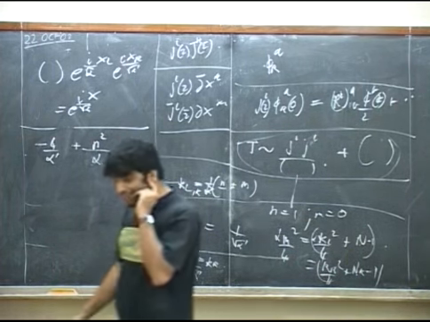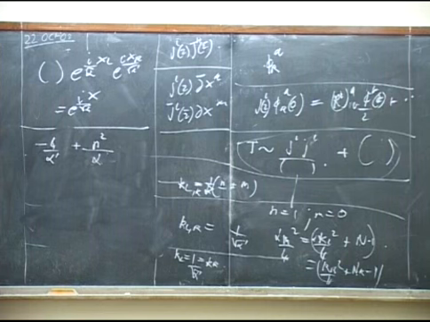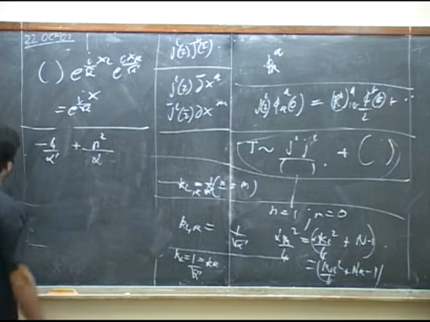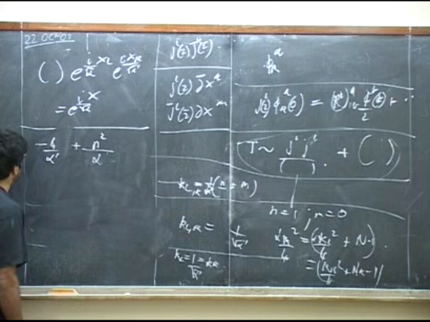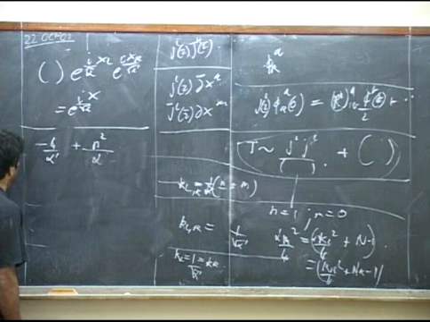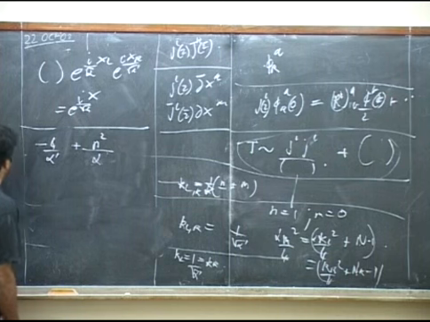Where the first Kaluza-Klein mode is massless, we replace it by n square by r square again, and then there is some r. This expression vanishes.